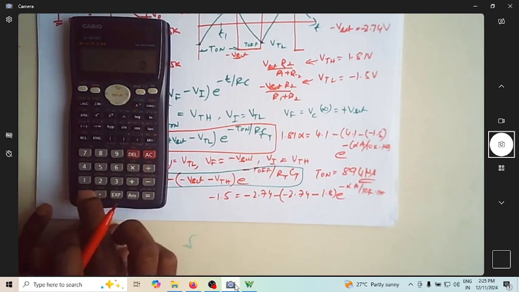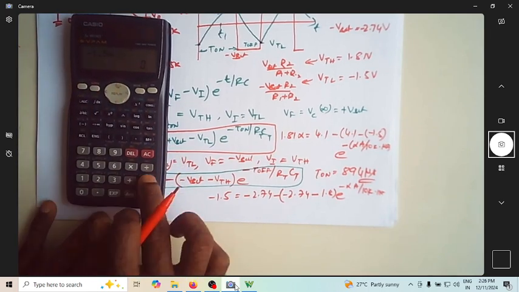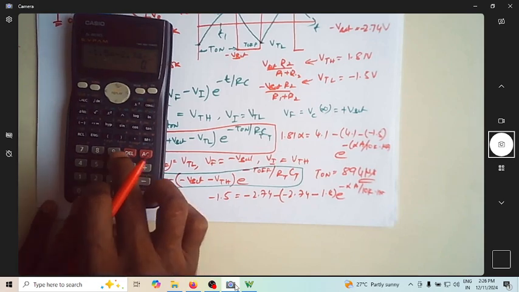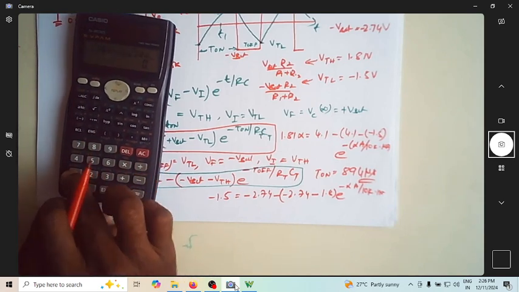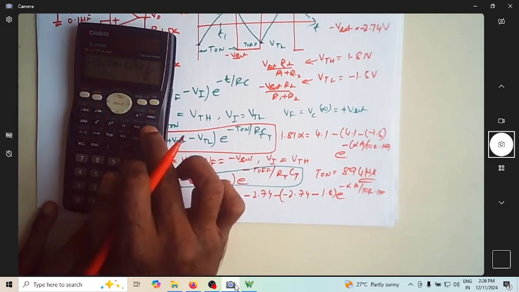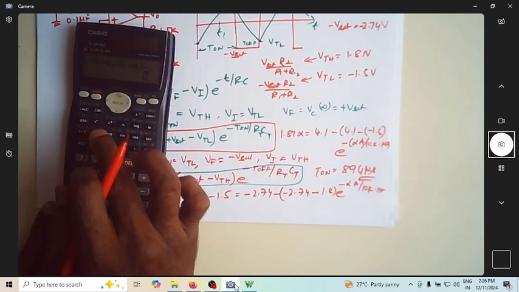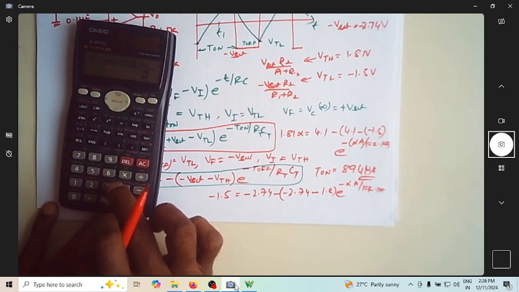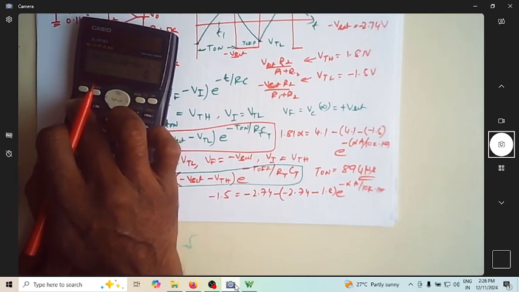So minus 1.5 alpha equals minus 2.74 minus of minus 2.74 minus 1.8 into exponential minus alpha A divided by 10 exponential 3 into 0.1 exponential minus 6, close, shift calculate.